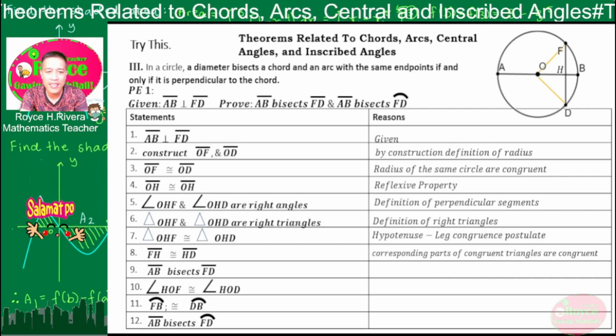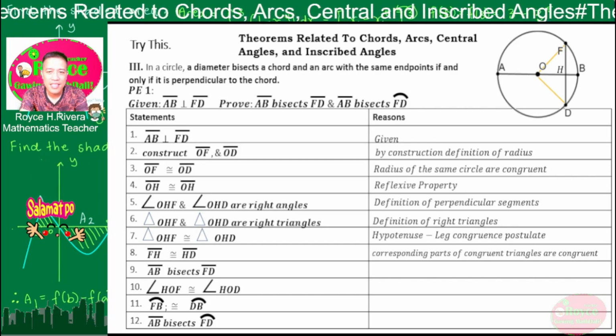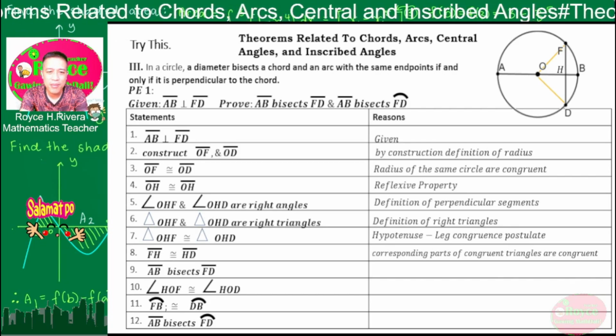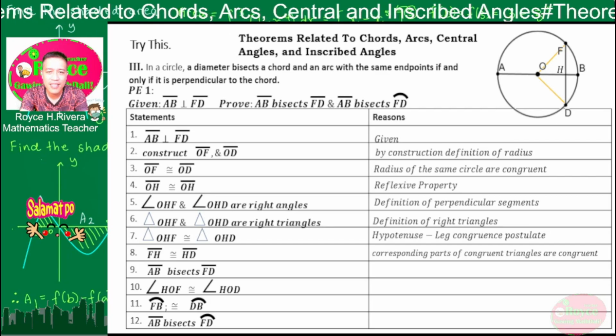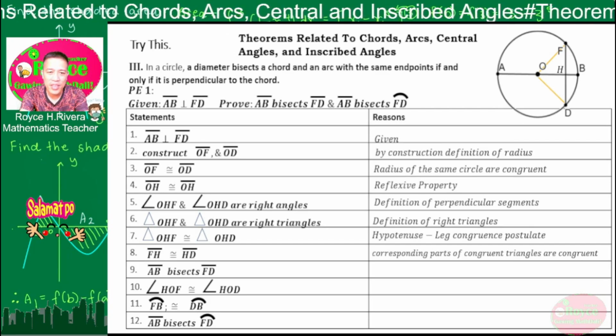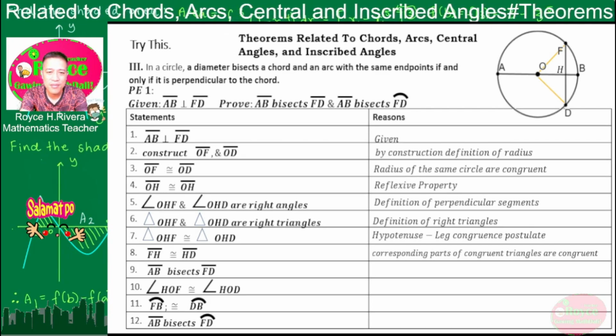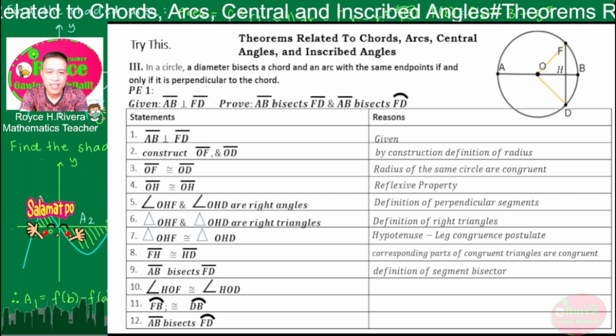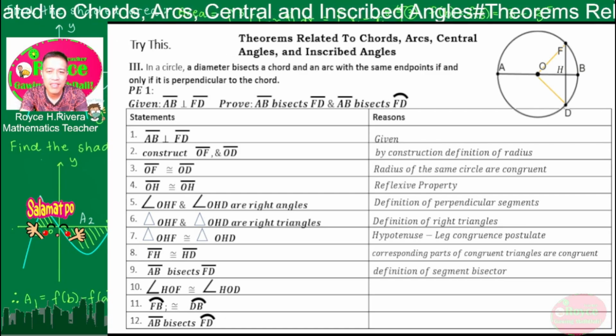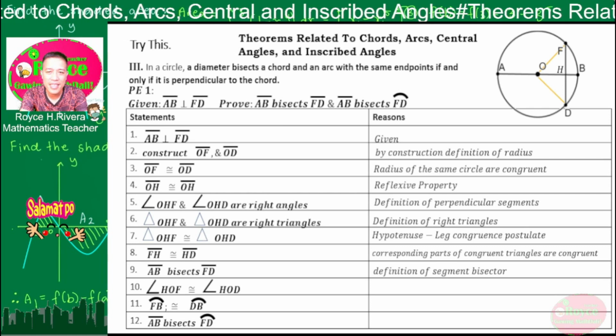Statement number 9. Diameter AB bisects chord FD. For the reason, definition of segment bisector.